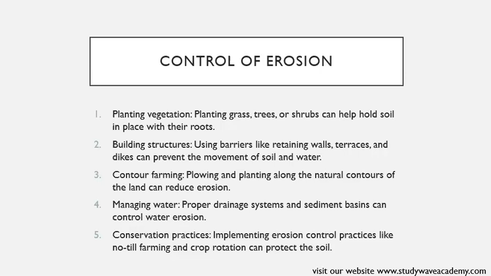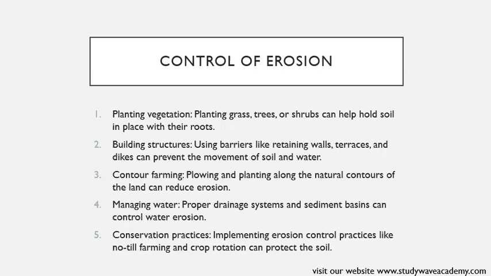Implementing erosion control practices like no-till farming and crop rotation can protect the soil. Using farming practices like not plowing all the time and changing crops to protect the soil. These methods help keep the land safe and healthy.